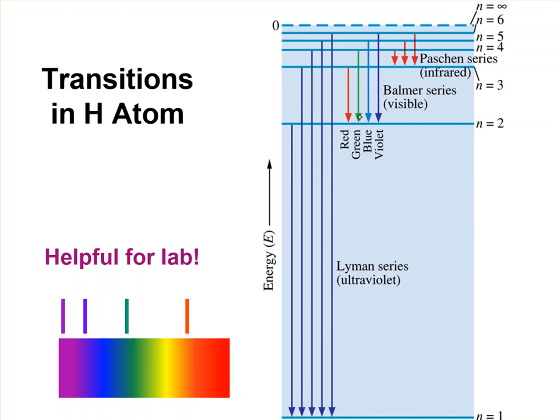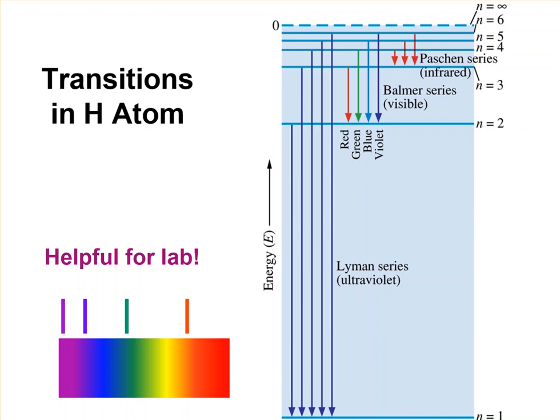And those are all higher energy than all of the transitions that end at 3. So when you're comparing transitions, the most important factor is where it ends up, which energy level it ends up on.